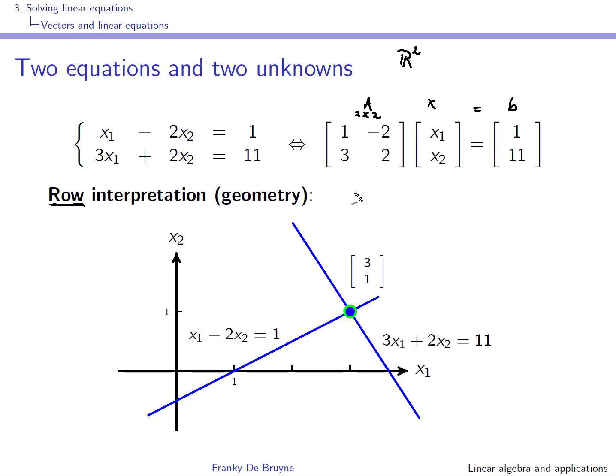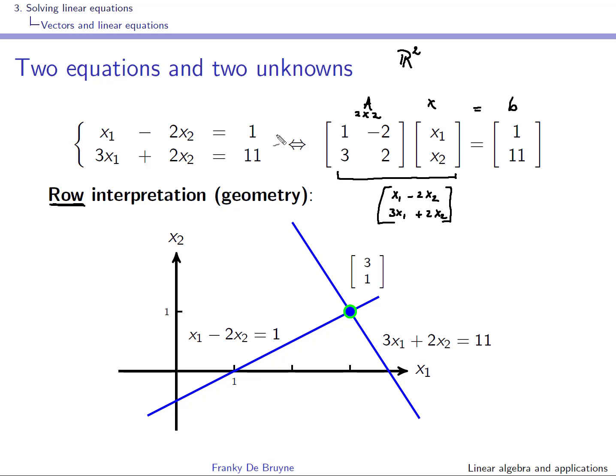We take this product, and we know that it's producing a vector, where you take the first row of A times X, so this will produce x1 minus 2x2, and the second element will be the second row times the vector X, so this is 3x1 plus 2x2, equal to this thing here.